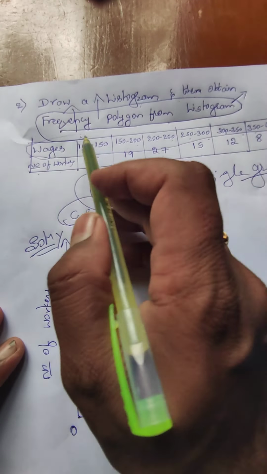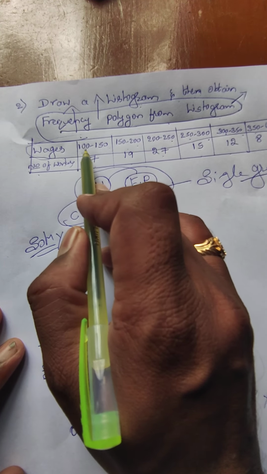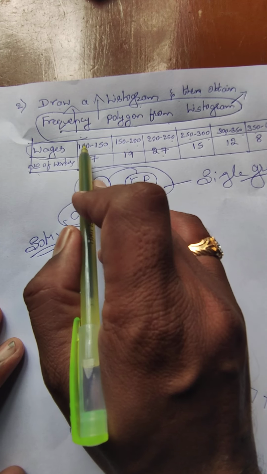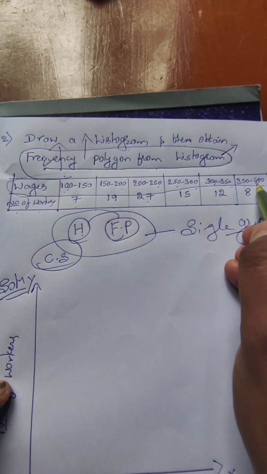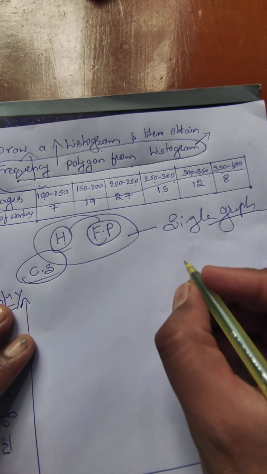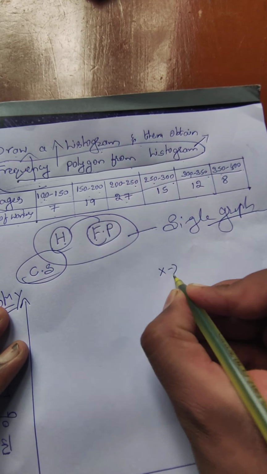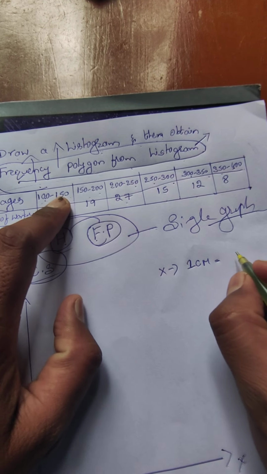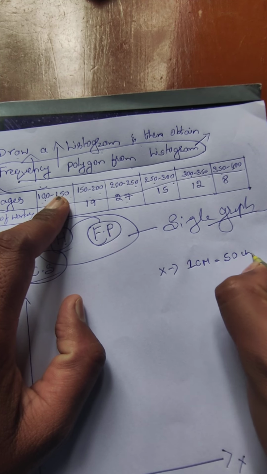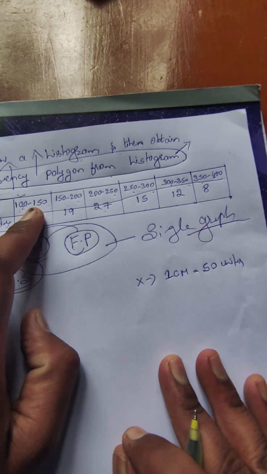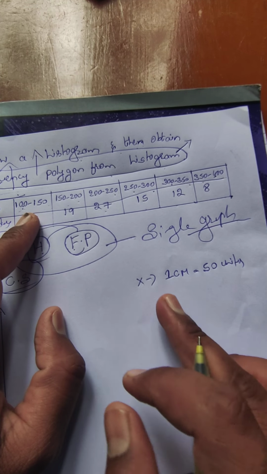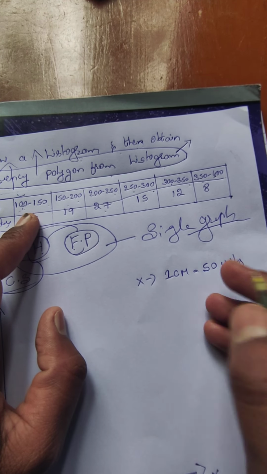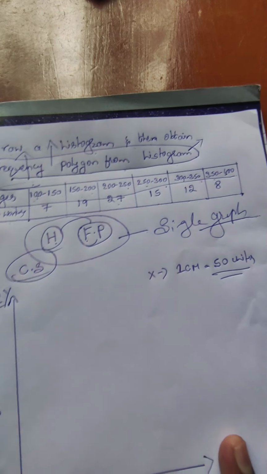In the x axis, the information is given in a continuous series, starting from 100 and ending with 400. So on the x axis, 1 centimeter will take 50 units, because 50 is the difference between the class intervals.